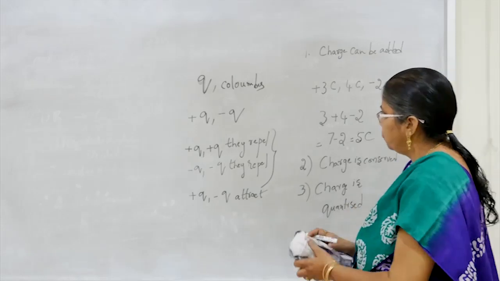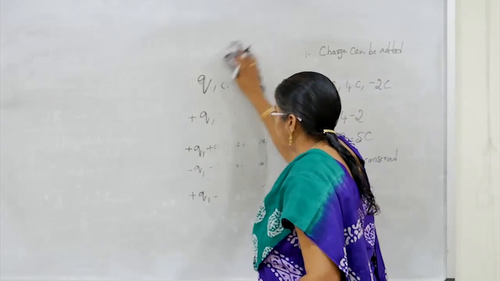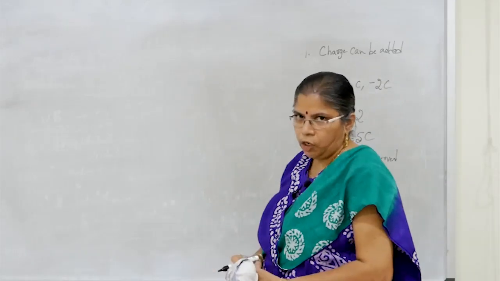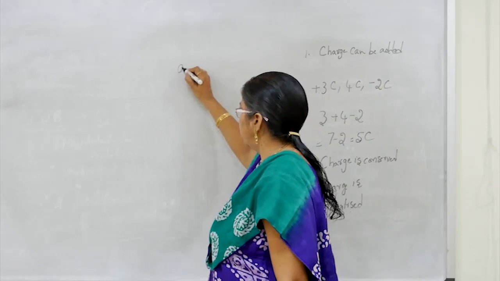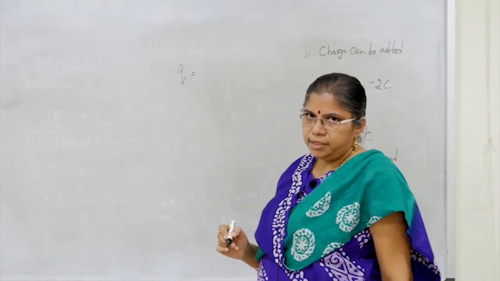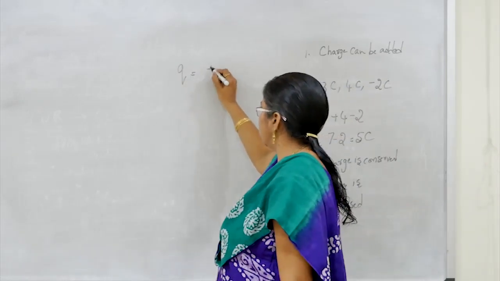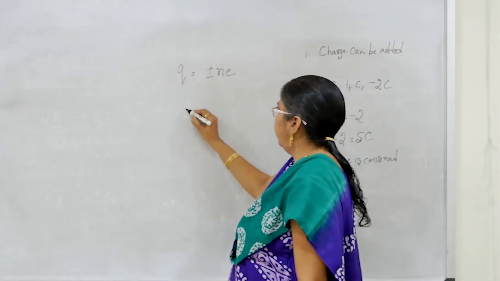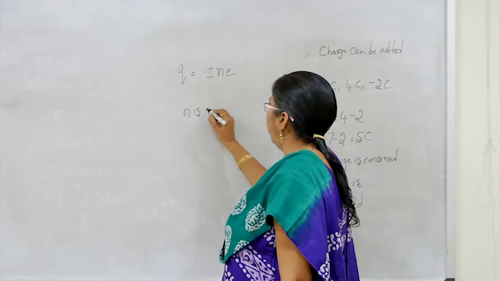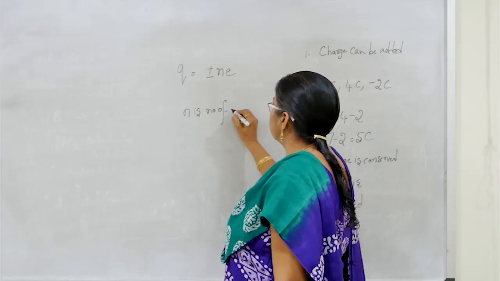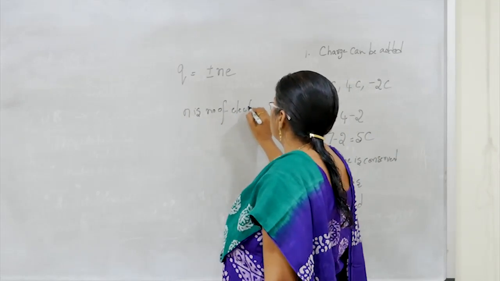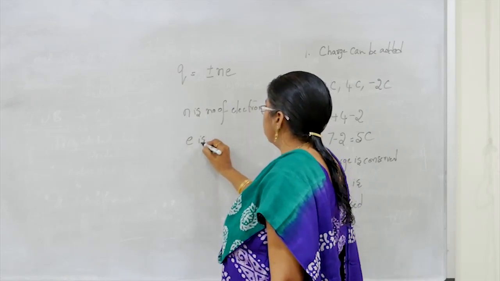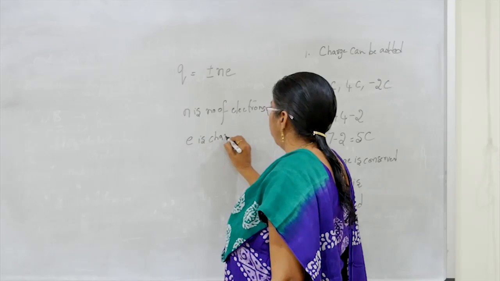That means if I take Q as the charge, that is equal to plus or minus n into e, where n is the number of electrons and e is the charge on the electron.